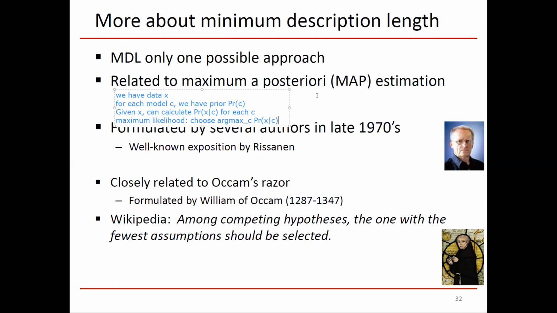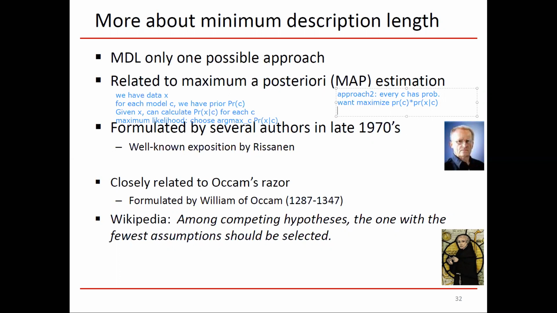But there's also this other approach. This other approach would tell you that every C has a probability. So that's approach 2. Every C has a probability. And we've ignored that in maximum likelihood. So now we want to maximize the probability of C multiplied by the probability of X given C. Now recall, the joint probability is the probability of either C or X multiplied by the conditional probability of the other.